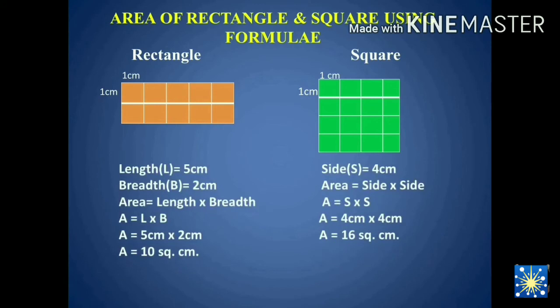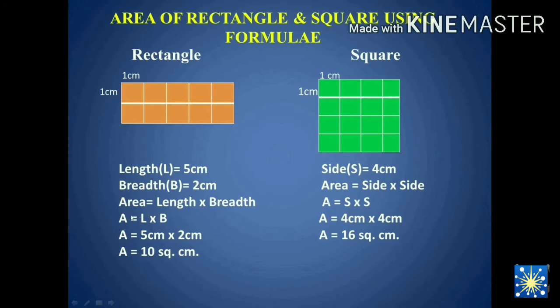Now we calculate the areas of each. That is, this rectangle has length 5 centimeter, 1, 2, 3, 4, 5, and breadth is 2 centimeter.